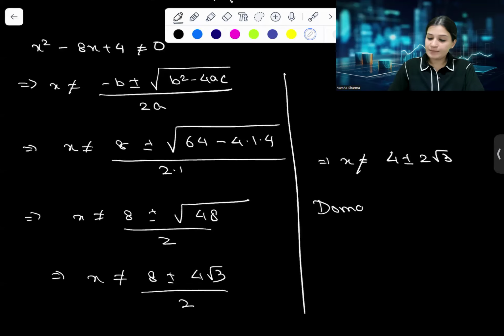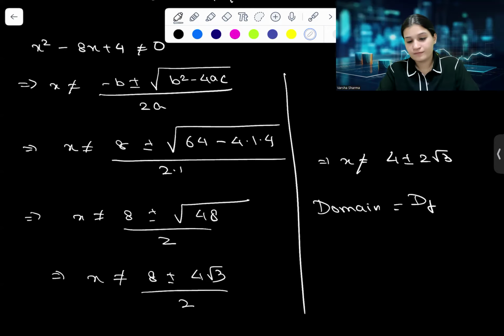So my domain, sometimes it is also written as D of f, domain of f.